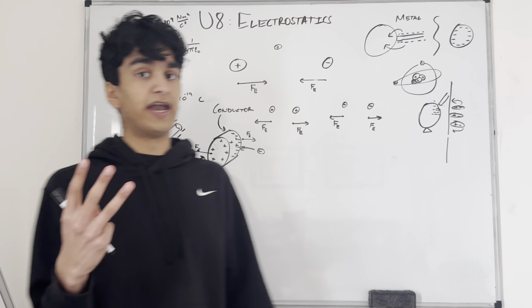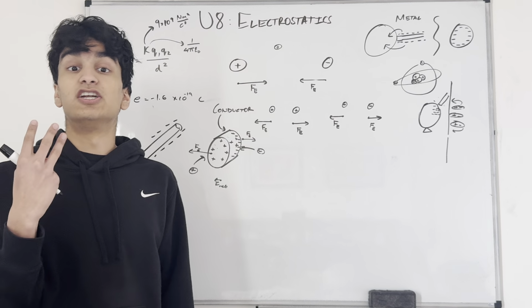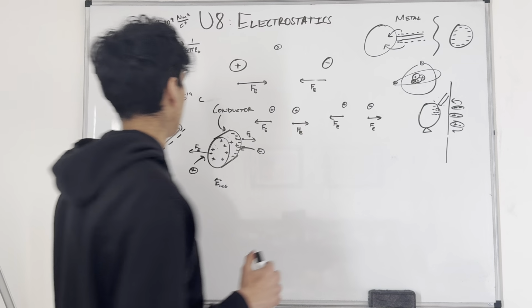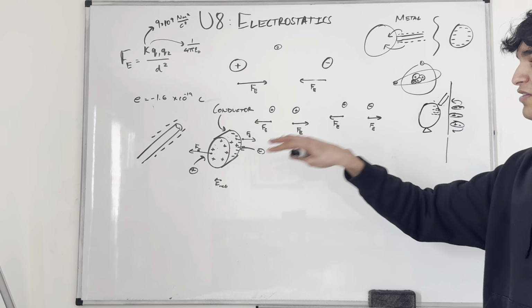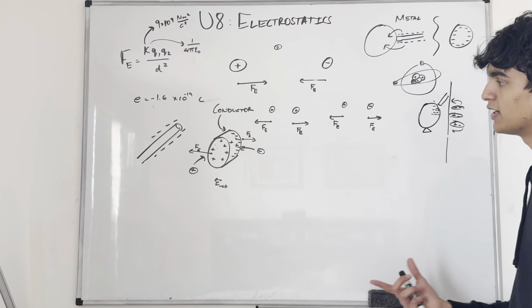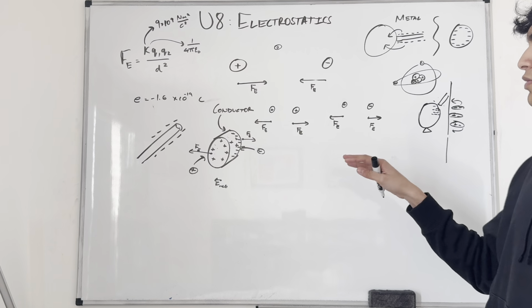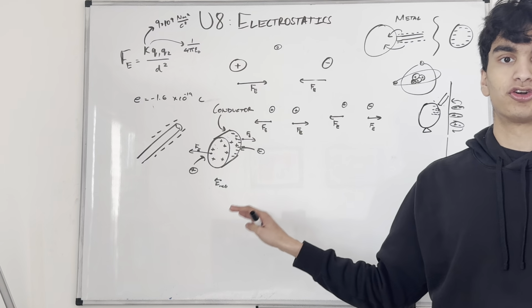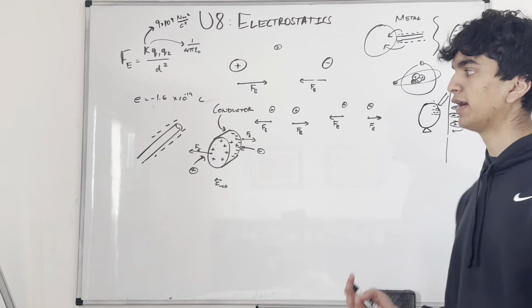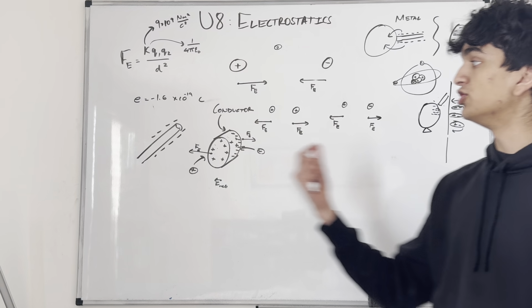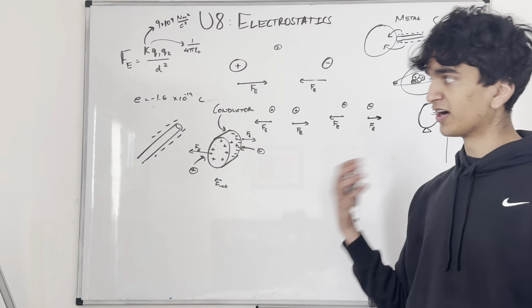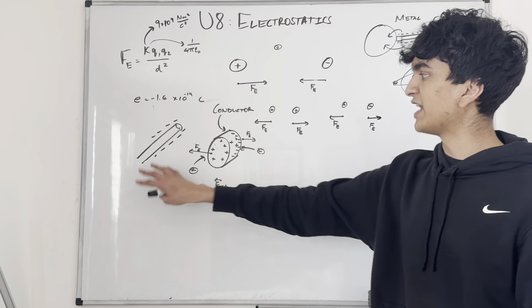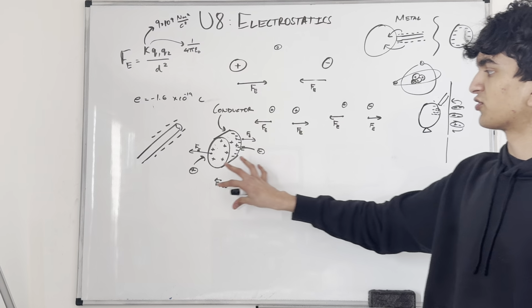But the third way is through induction. So right here is actually basically induction. What I've done is I haven't given this aluminum can a charge, right? I haven't given this aluminum can any charge, but I've induced an apparent charge where you think to yourself, hey, this is negative, so this is being attracted to it.